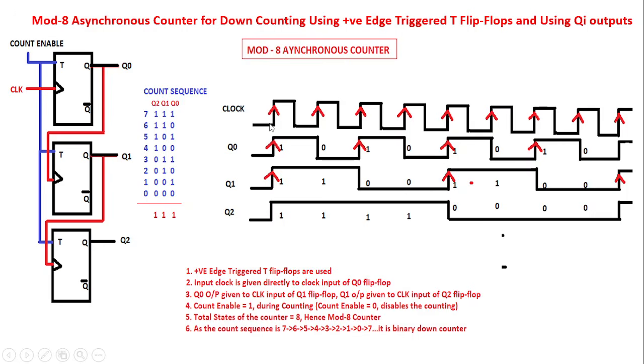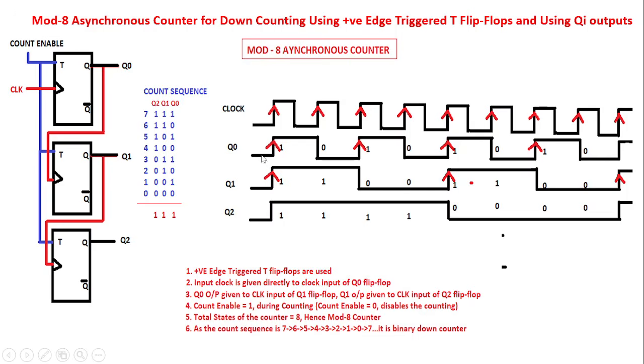Now, for every clock input, Q0 toggles. You can see that Q0 is toggling for every positive edge of the clock input. Since Q0 is fed as an input to the second flip-flop, Q1 toggles whenever a positive edge happens on the Q0 signal.